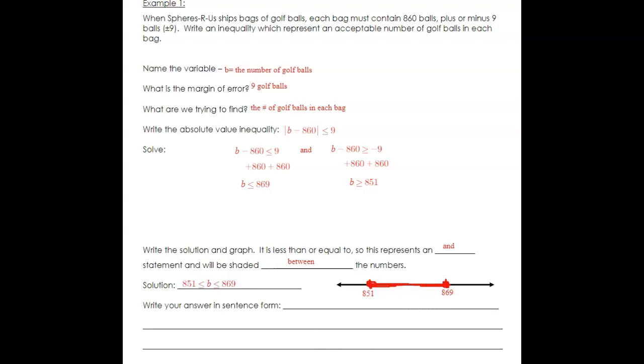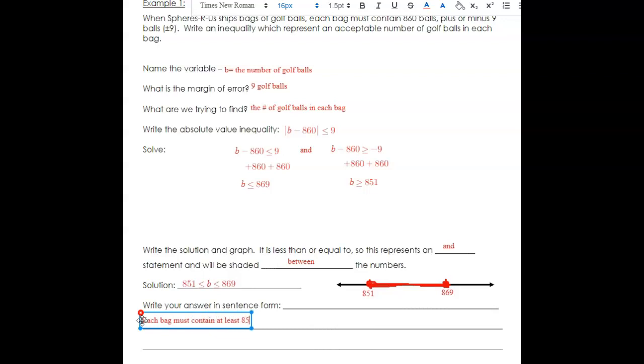Finally, I'm asked to write my answer in sentence form, so we really need to describe what's happening with the golf balls here. In sentence form, we were trying to find the number of golf balls that must be in each bag. So our answer should probably start out with each bag of golf balls. So each bag must contain at least how many golf balls?